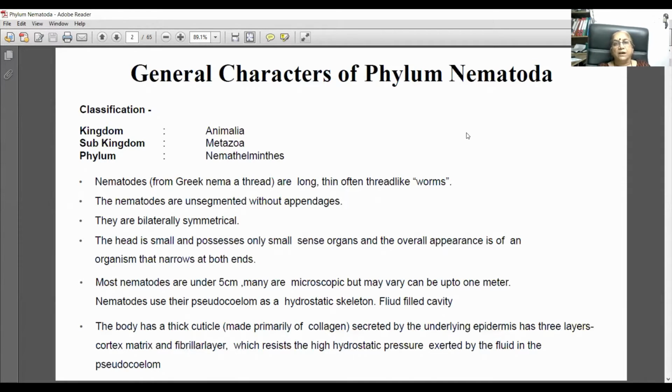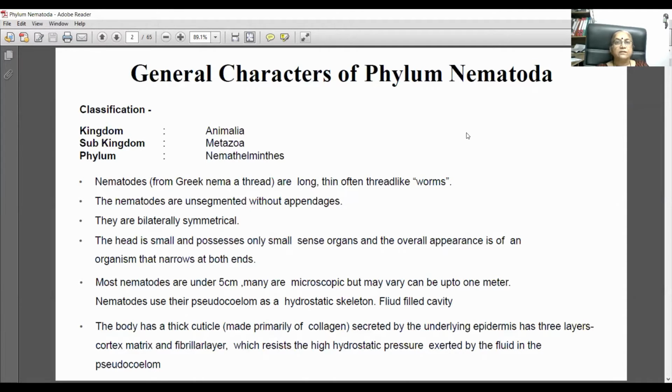All these worms look like thread, long, thin, and many are almost colorless. Therefore, the name nematodes has been given.